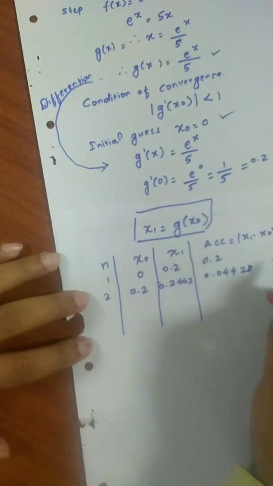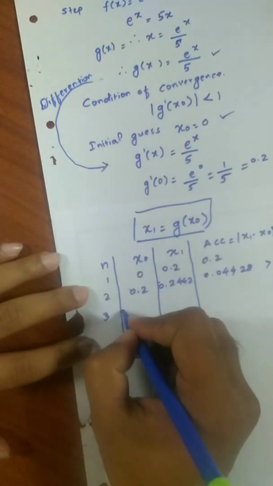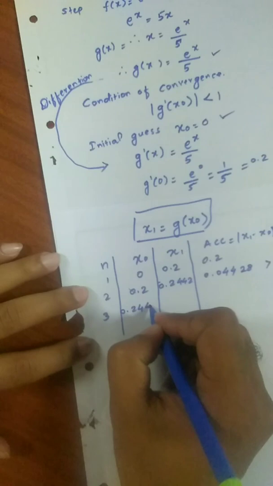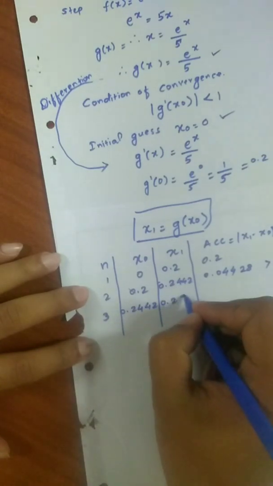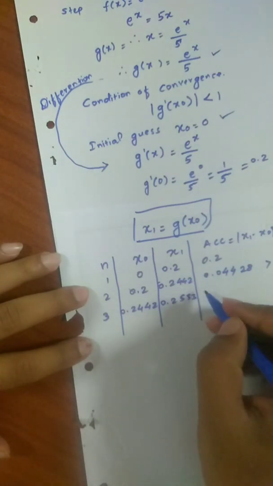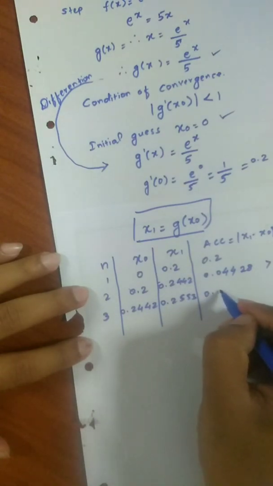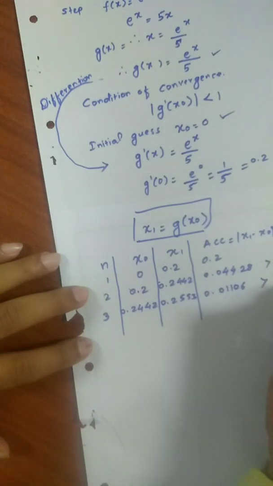Again the accuracy is greater than 0.001, so we need to proceed further to the third iteration. So x0 is 0.2442, and this value is 0.2553, and the accuracy is 0.01106. Again it is greater than 0.001.